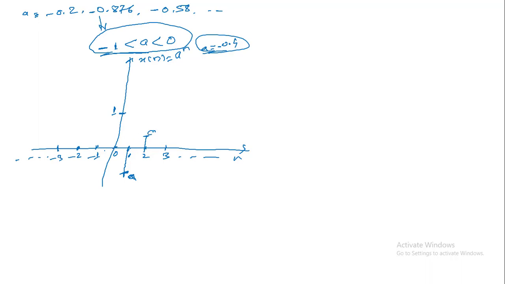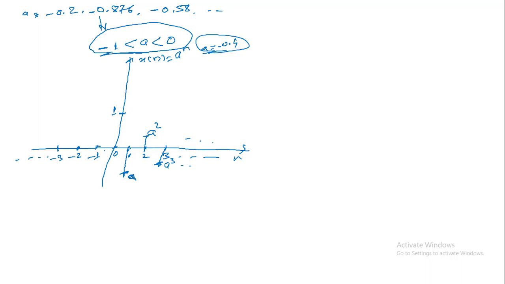So this is your a square. Then again a cube will be minus 0.4 raised to the power 3, so again it will be a negative value, but in this way this can be represented and so on.